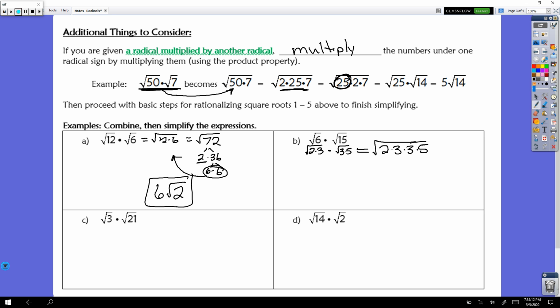Some people like doing it this way because the numbers don't get as big on you. Now I can circle my pairs and underline my leftovers. We take the group of 3 out, and on the inside I would have the 2 and the 5, which gives me 10.